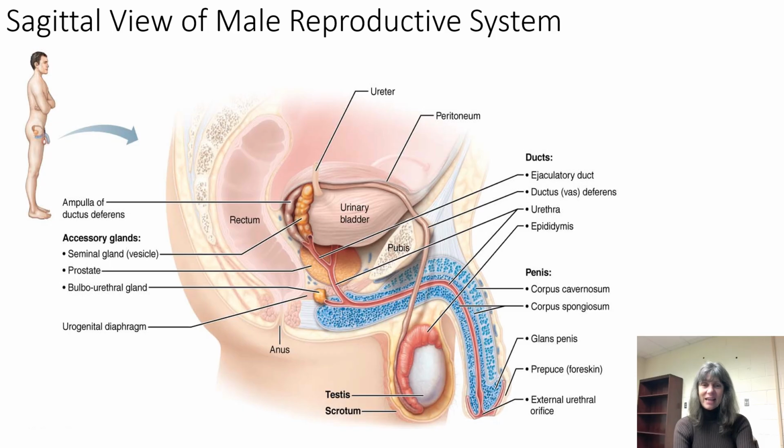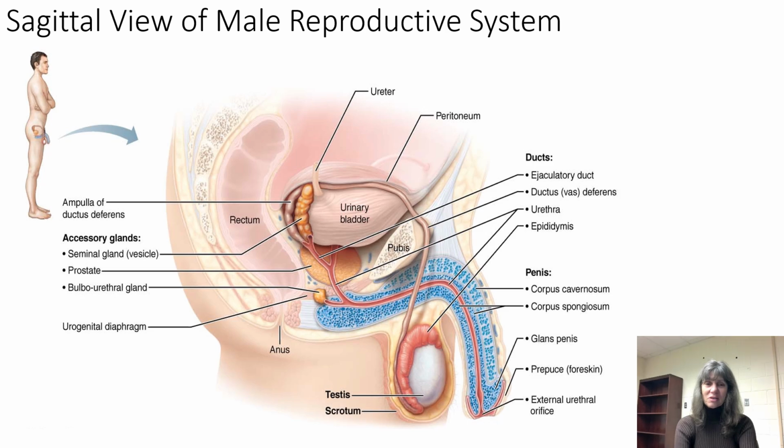There is a passageway or duct that will carry sperm to the next structure, and that duct, if you follow it superiorly from the epididymis, is the vas deferens or ductus deferens.